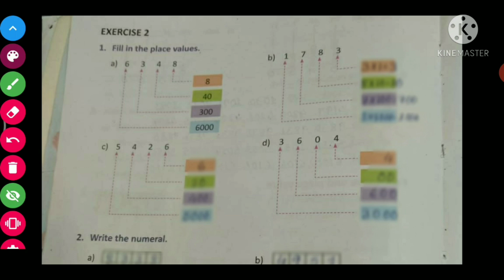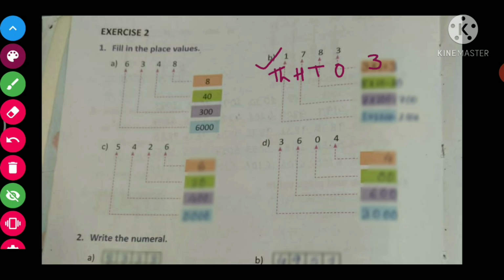So now see B part. As you can see, 3, where does it stand? This one is ones, tens, 100, and this will be 1000. So 3 stands in the ones place, so we'll write only 3. Nothing will change, right?